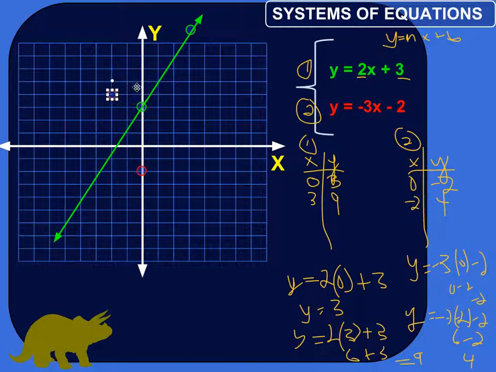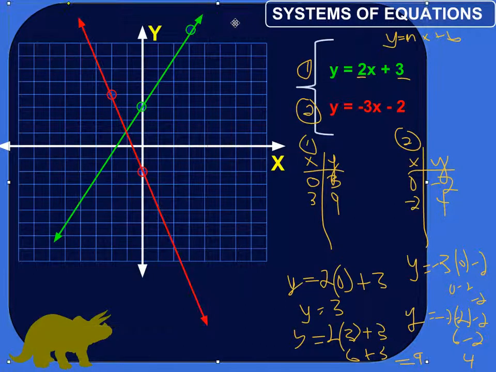All right, I'm just going to adjust that point. You know, something like that. Now I'm going to connect the two. Looks pretty close. Kind of going off my graph here. Try to keep your lines on the graph.